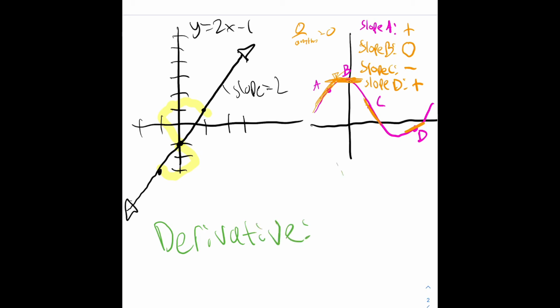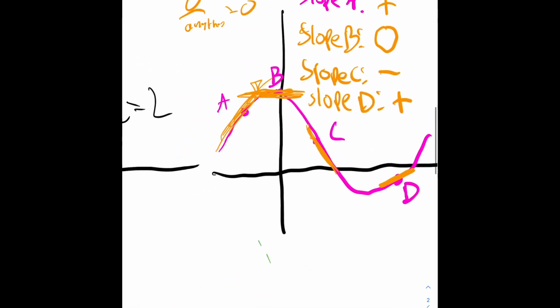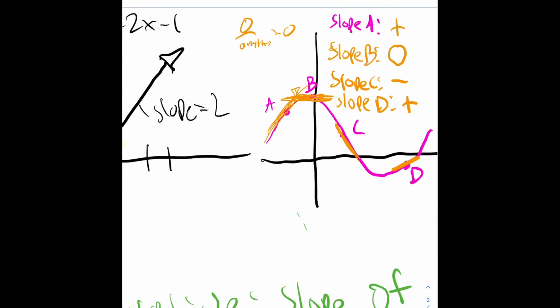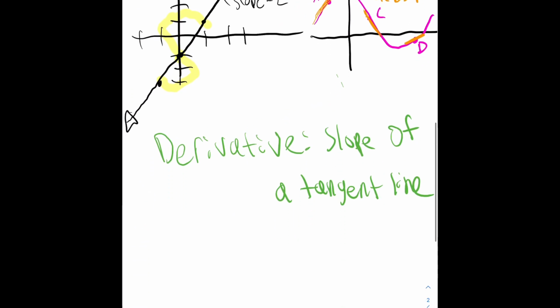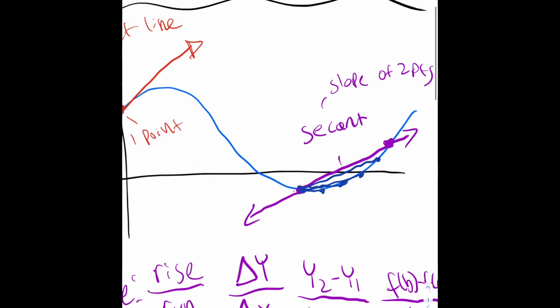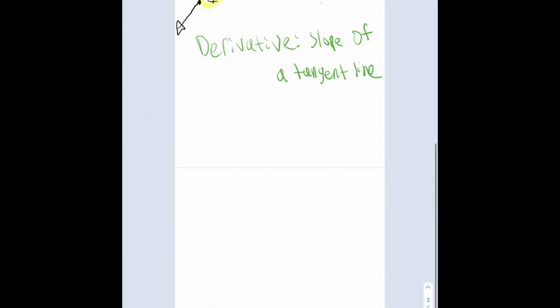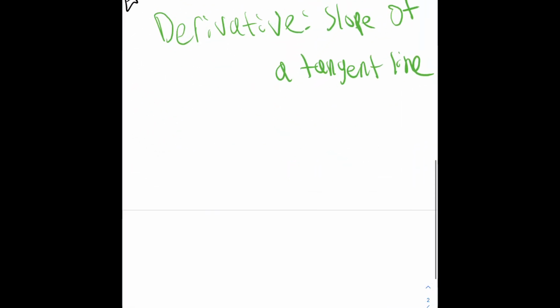And the derivative is the slope of a tangent line. So like we looked right here, there could be multiple tangent lines that you're trying to find the slope of. But as this secant line gets closer and closer, we call that the instantaneous rate of change.